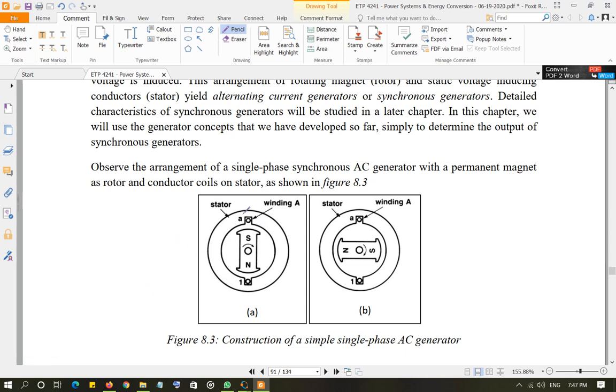So observe this. Now here our magnet is moving, our armature windings are static. The generators that we discussed earlier, our armature was moving, that is the windings were moving, and the magnet was static.